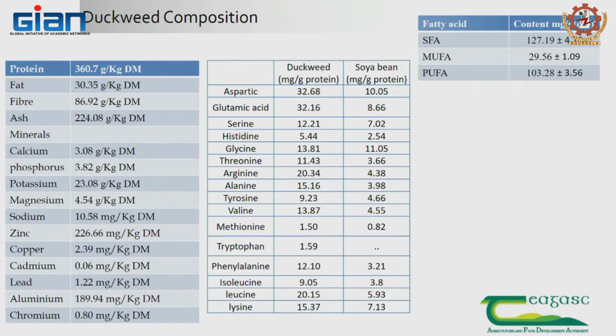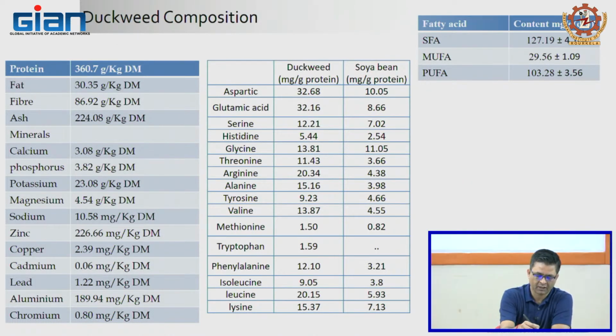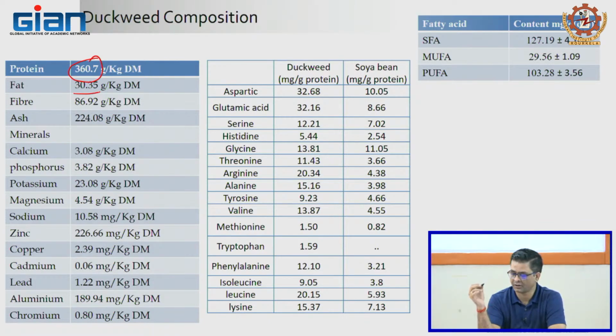Now, coming back to composition, as you can see, this is 36% protein, this is gram per kg. Always be very, very careful with the units. Units are mixed and matched here, say milligram per gram of protein. And only 3% fat. So, it again has saturated, monounsaturated and polyunsaturated fatty acids, and some minerals.